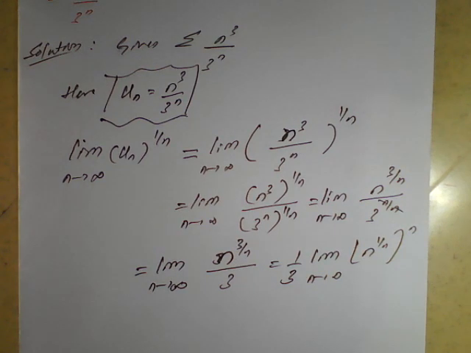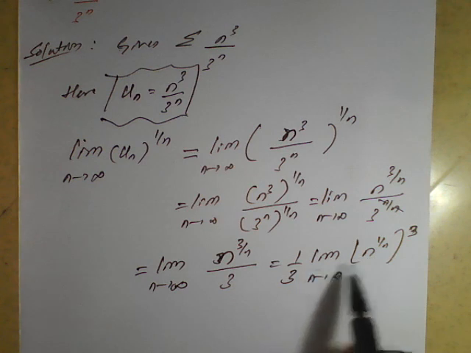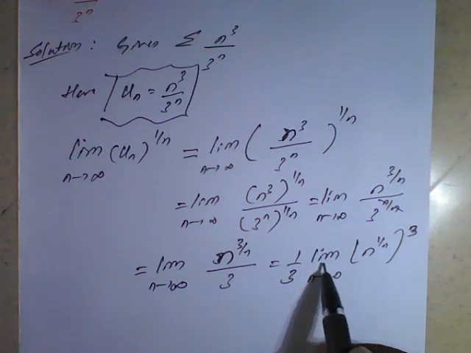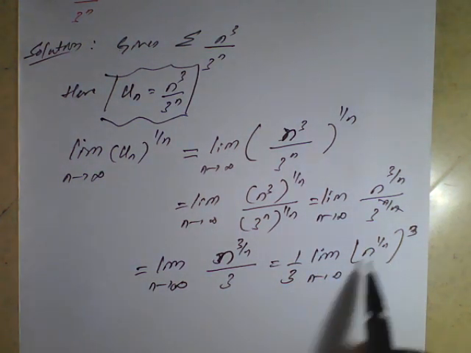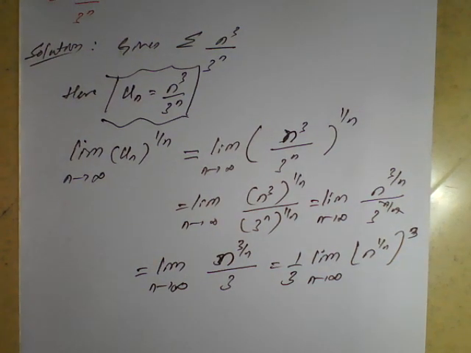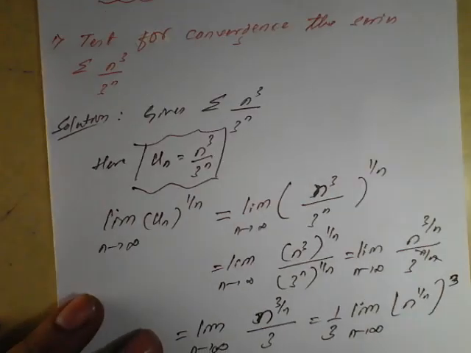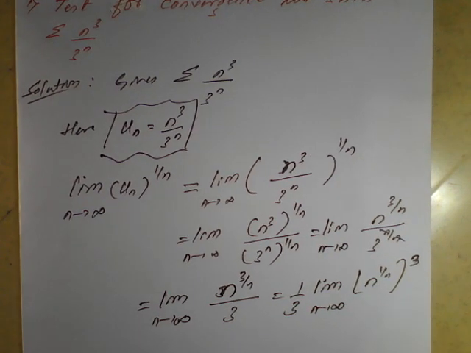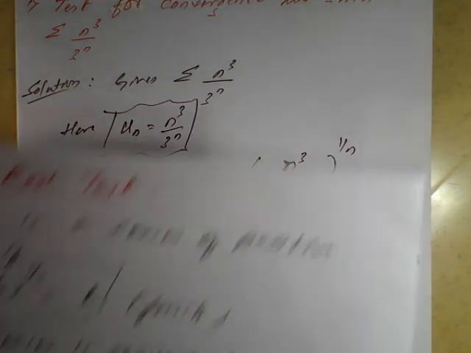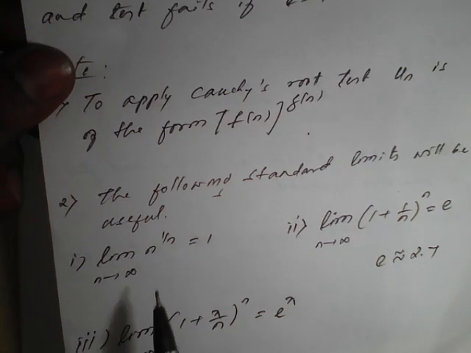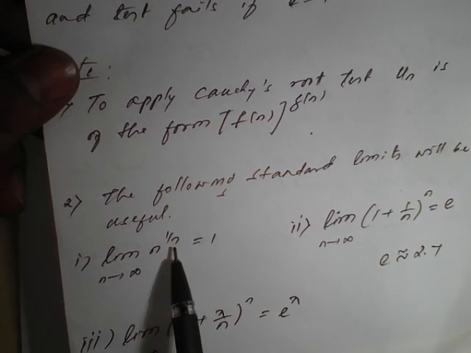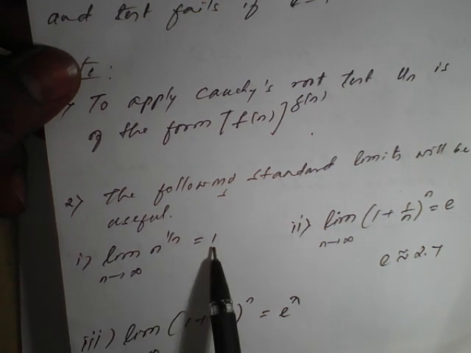As we know, limit n raised to 1 upon n as n tends to infinity is nothing but 1, which I already gave as one of the formulas in the explanation.